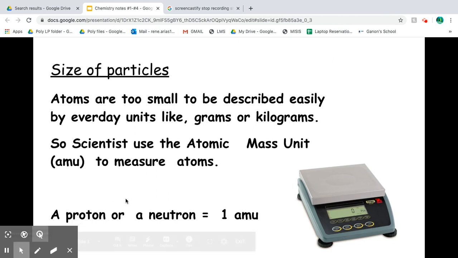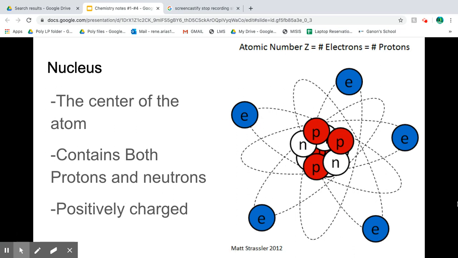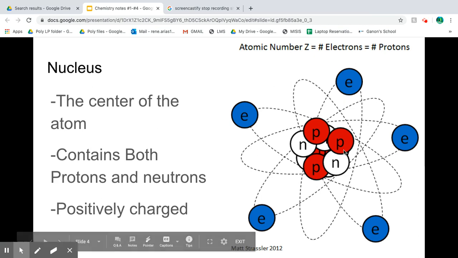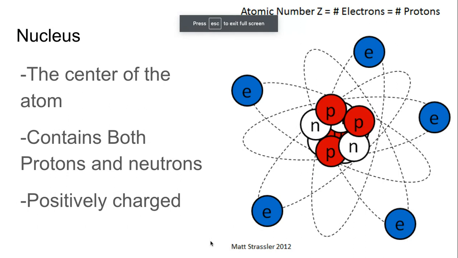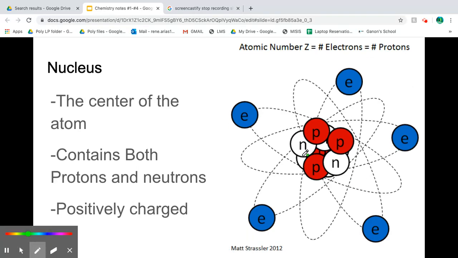Okay, going on to the next slide, we have the nucleus. You should have seen in the simulation that the nucleus contains our protons and our neutrons. The nucleus has a positive charge. Why does it have a positive charge? Protons have a positive charge.